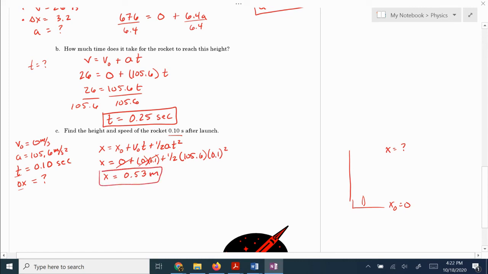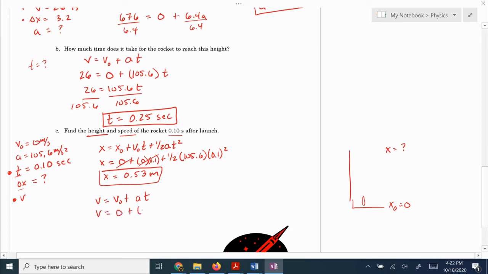So that's your answer to the first question, which was what is the height. Next question is what is the speed? To do that, it's probably easiest to use the Paul equation, because we need to have a final velocity and we need to have a time. The Paul equation is the one with the final velocity and the time. So again, final velocity is what we're looking for.